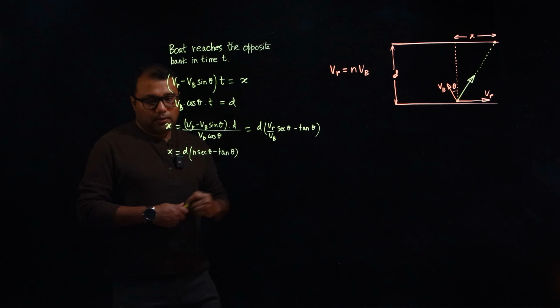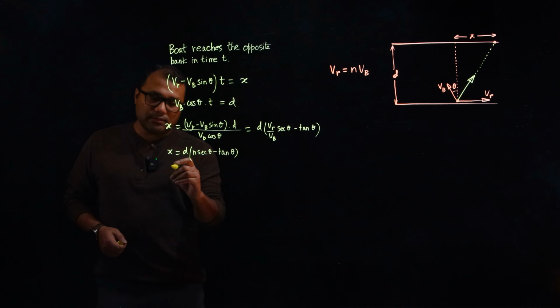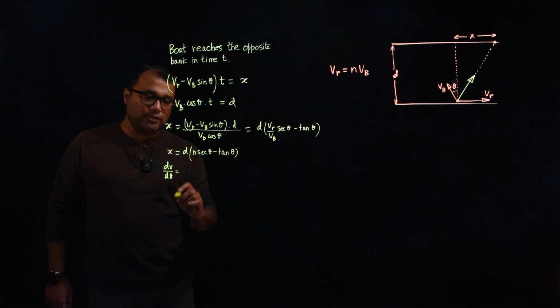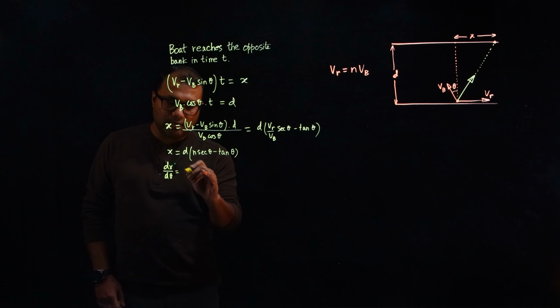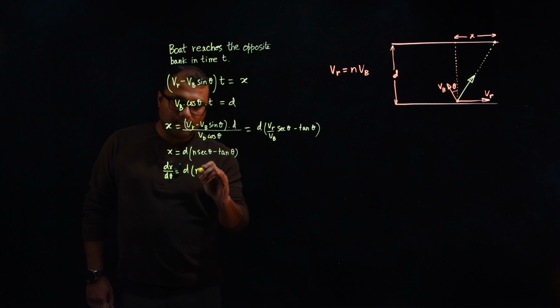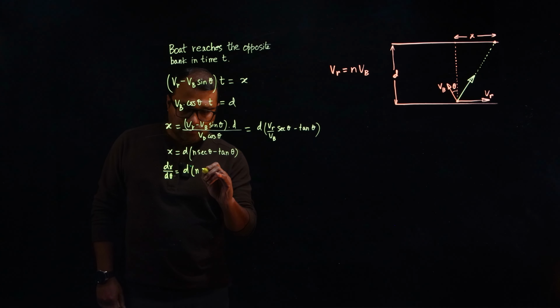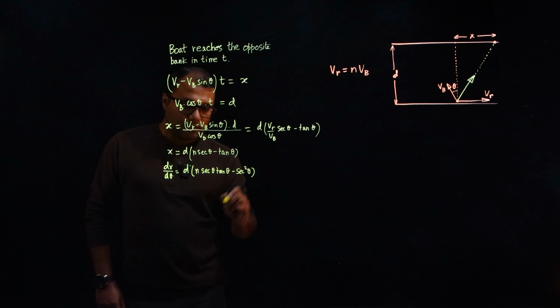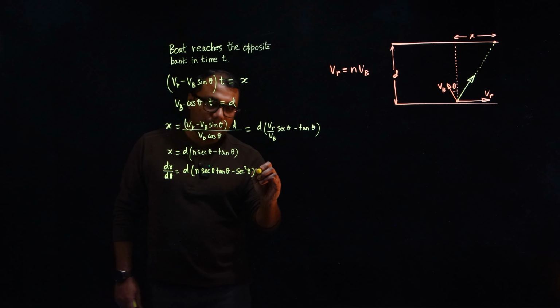Okay, so to minimize x, we will do dx d theta as 0. So if we differentiate this with respect to theta, this becomes n sec theta tan theta, and tan theta's differentiation is sec square theta. So we equate this to 0.